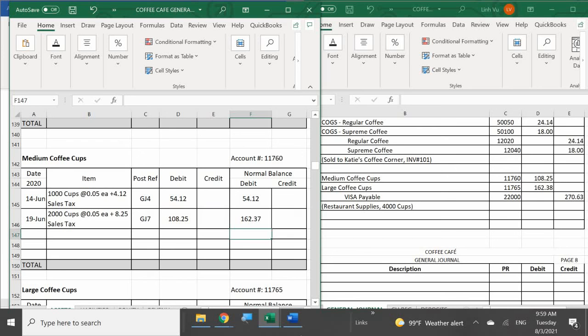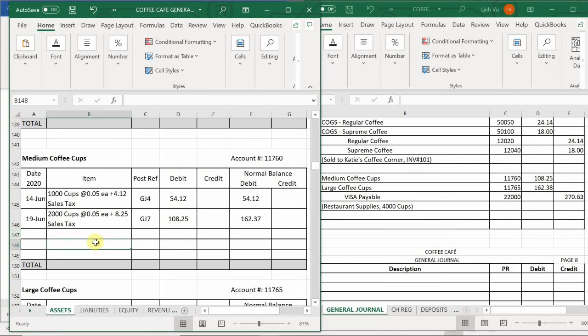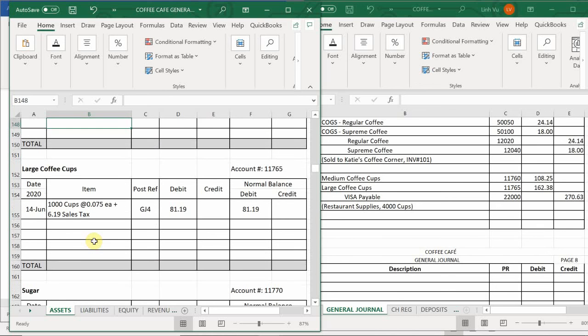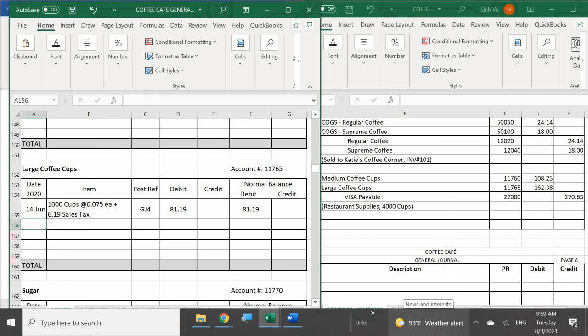So now that we updated our medium cups, now we gotta go and update our large cups. Just scroll a couple down. So here, what is it? The 19. Let me see.